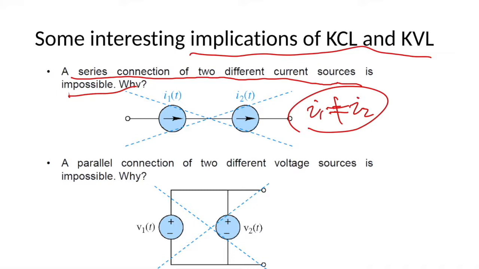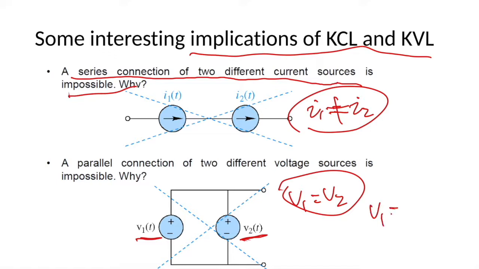And a parallel connection of two different voltage sources is impossible, because when they are in parallel, V1 must equal V2. It's not possible that V1 is not equal to V2.